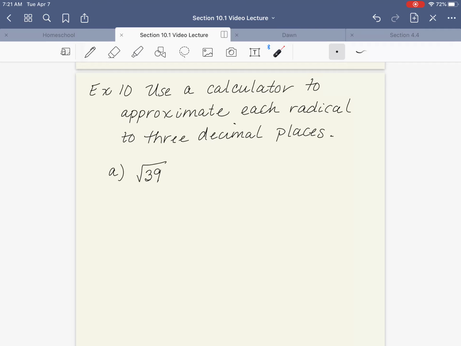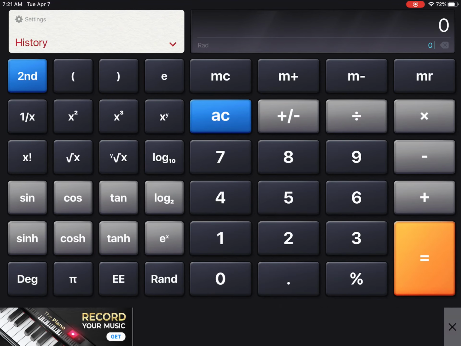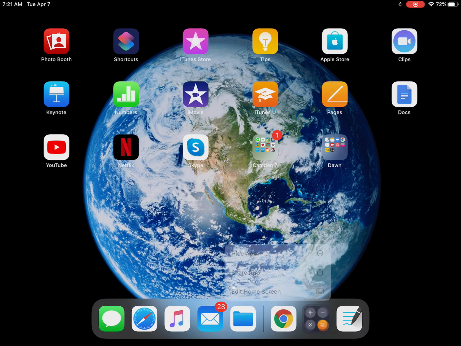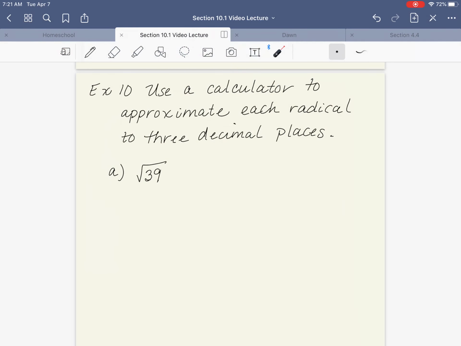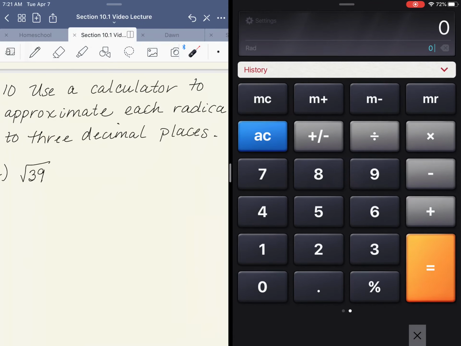So let's see if I can pull a calculator up. There we go.